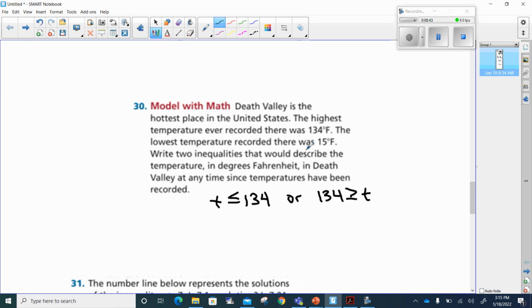Either way. Now, as far as 15 degrees, I could say that the temperature has to be, see, the lowest it ever was there, so it'd have to be greater than 15 degrees, right?